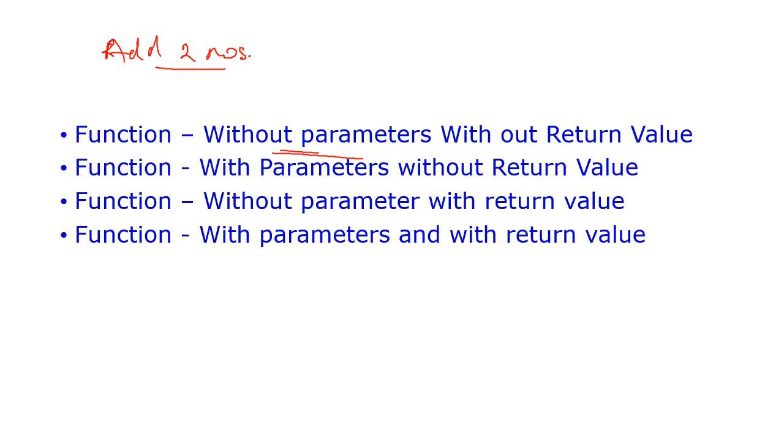With this simple example, I am going to explain a function without parameters without return value, a function with parameter without return value, a function without parameter with return value, and the last one, a function with parameter with return value. I will use the same simple example for explaining all of these so that you can easily understand the passing of parameters and return value from the function.